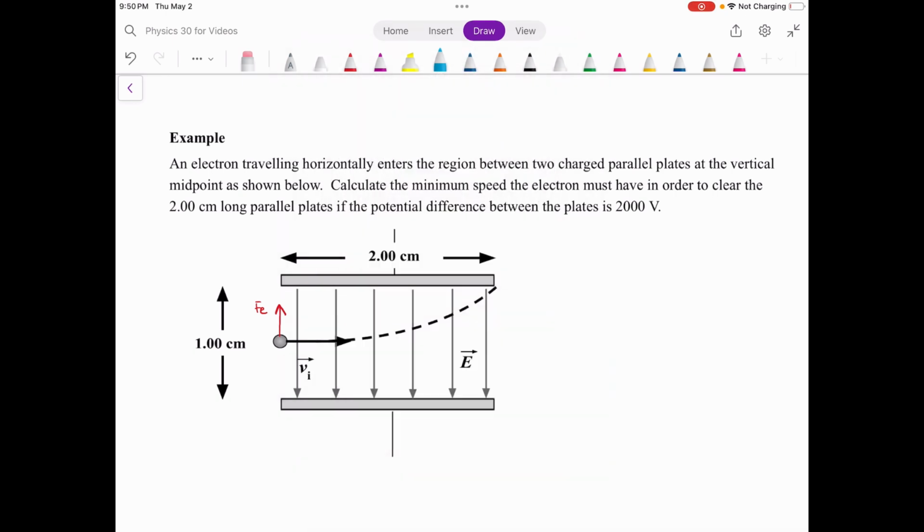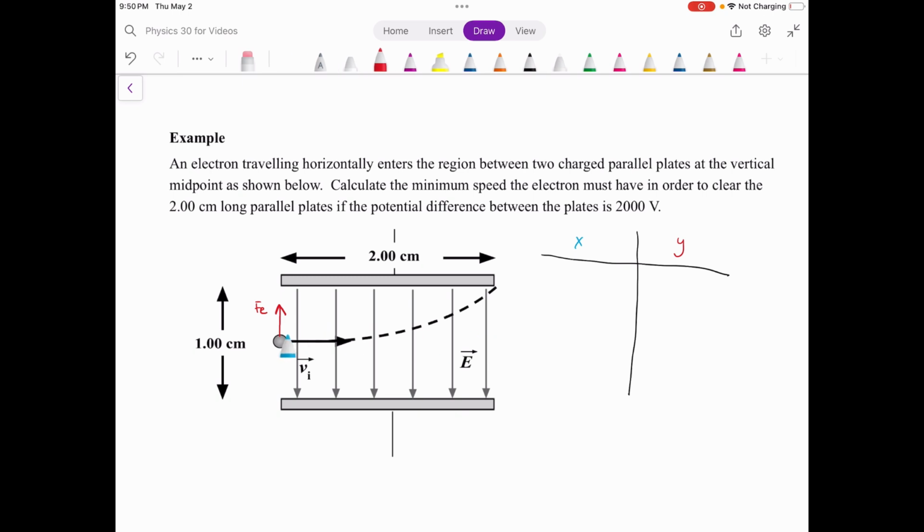So do you remember, it's a good strategy to separate them out. We do just essentially have two kinematics problems happening at the same time, right? We've got a horizontal motion situation and a vertical motion situation, an X and a Y kinematics problem. They're just both happening simultaneously, right? This travels some distance and it's moving at some velocity horizontally.